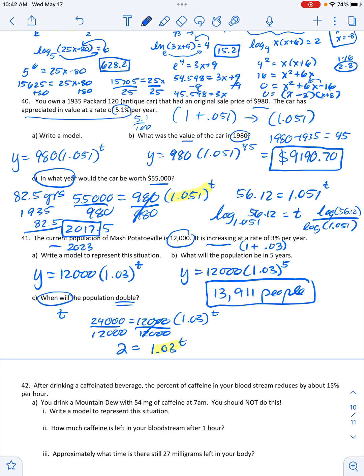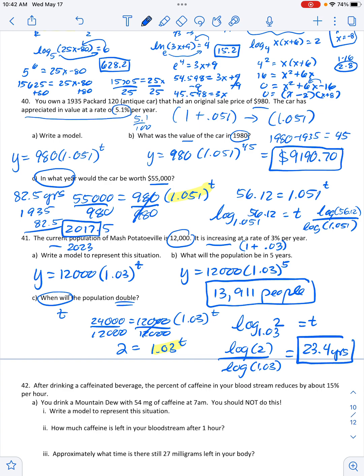So I'm going to go ahead and rewrite it as a log. Log, whatever is the base, power, and other number. So I go to my calculator and I let it split that up for me and find the answer. And when I do that, I ended up with 23.4 years.